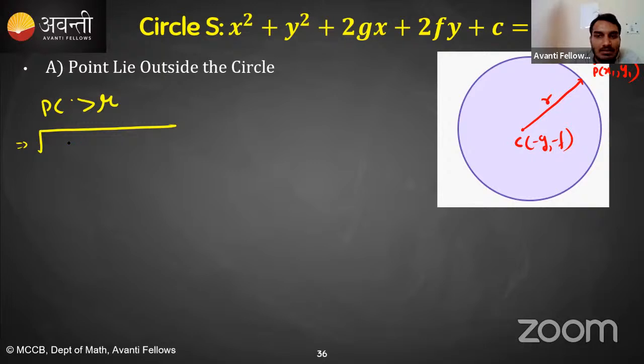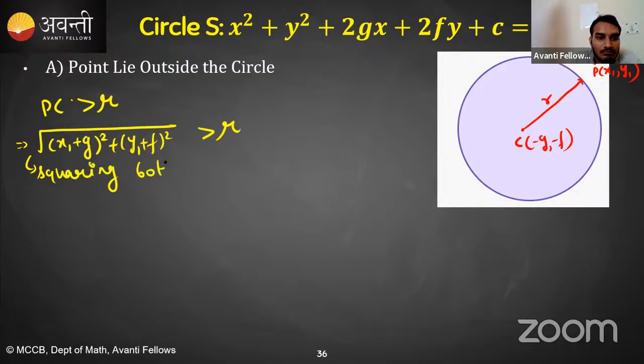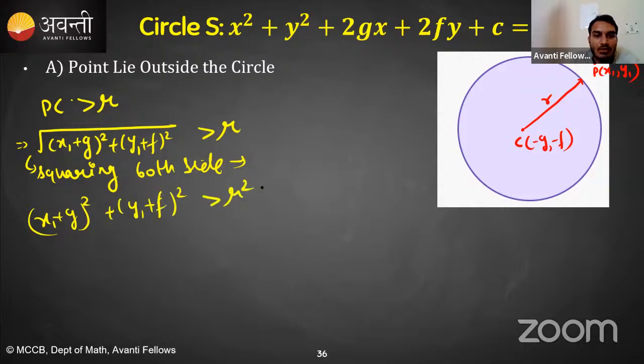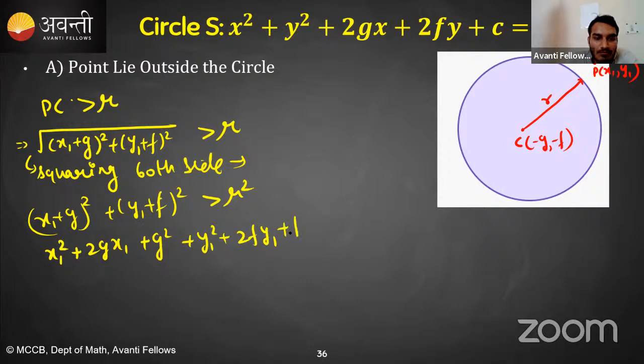So what is PC? Square root of (x1 plus g) whole square plus (y1 plus f) whole square is greater than r. Squaring both sides, what you will get? (x1 plus g) whole square plus (y1 plus f) whole square greater than r square. So x1 square plus 2gx1 plus g square plus y1 square plus 2fy1 plus f square greater than r square, right?